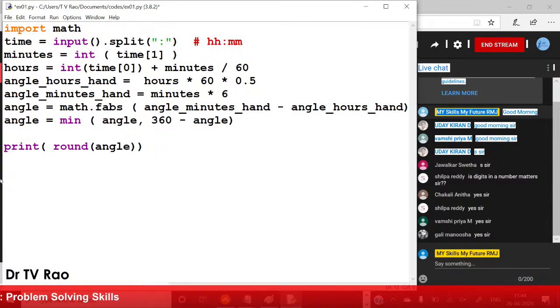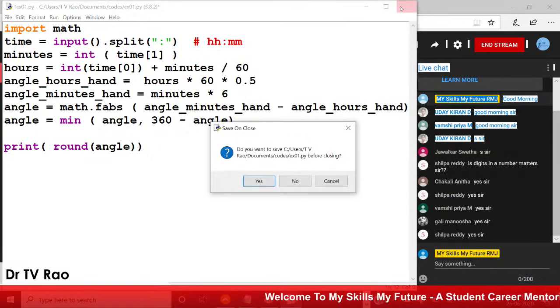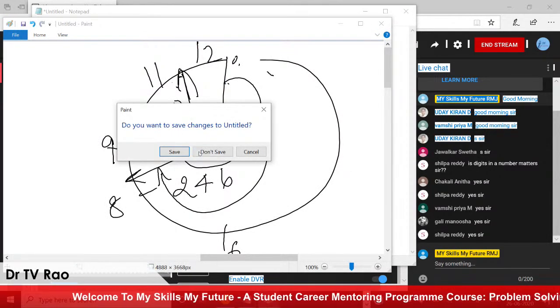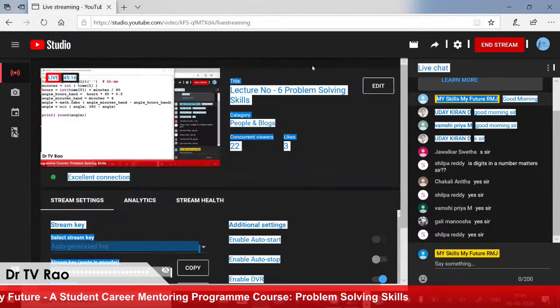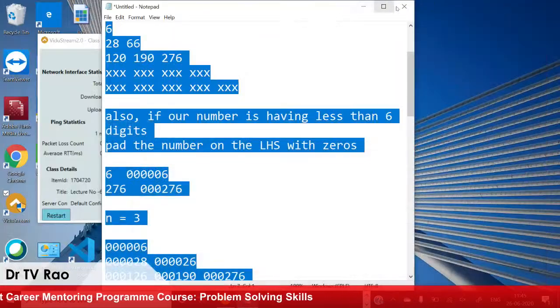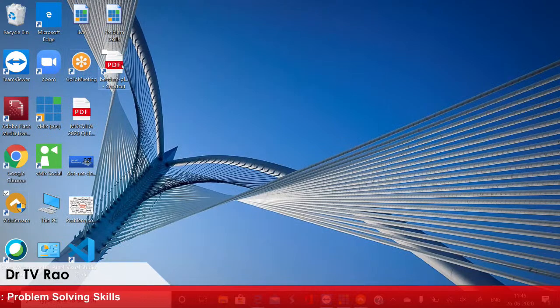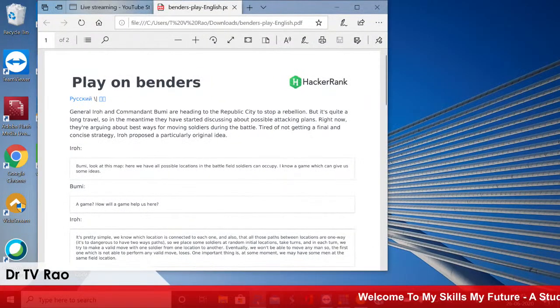Okay. Problem number 3. Look at this problem. So, a very good, very big statement, misleading statement, confusing statement.